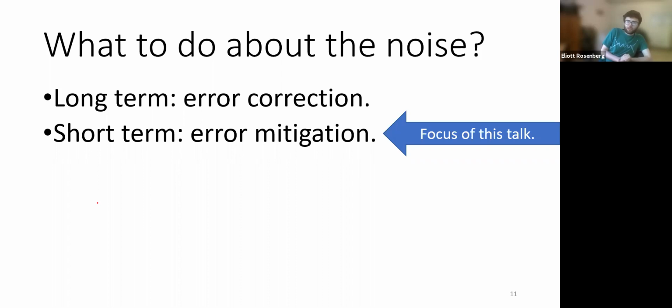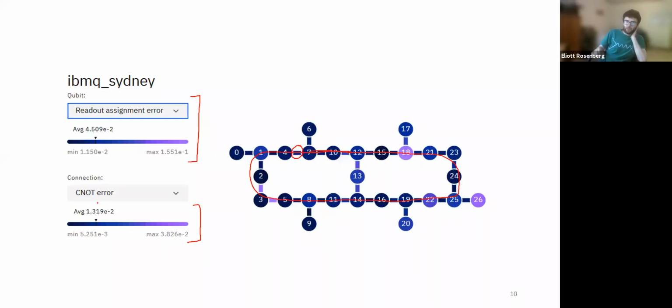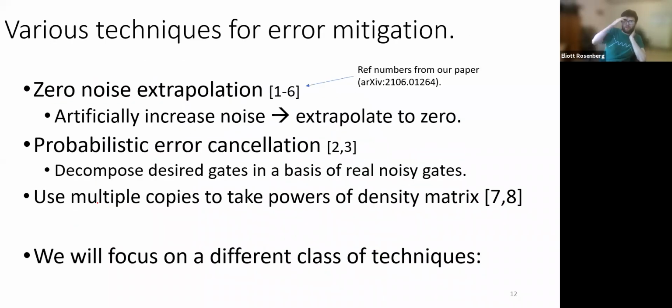The more near-term approach is instead called error mitigation, where error mitigation is a term that encompasses lots of different strategies for trying to undo the effect of the noise without doing error correction. And so here's some well-known techniques for error mitigation, or relatively well-known.